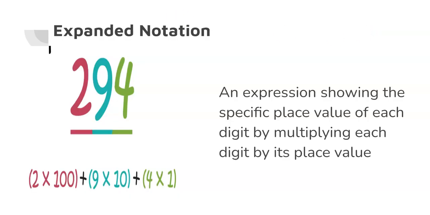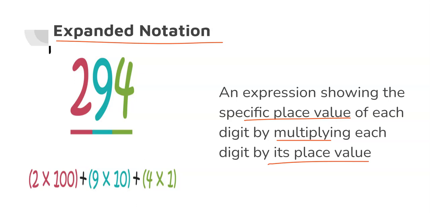So what is expanded notation? Expanded notation is an expression showing the specific value of each digit by multiplying each digit by its place value. So let's look at this example. We have 294. I have the digit 2 in my hundreds place, so I'm going to put down 2 times 100, or 2 copies of 100.